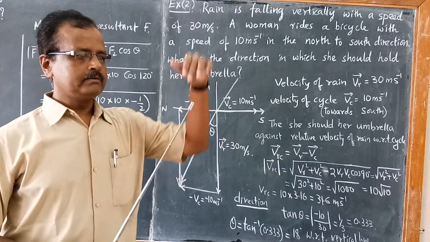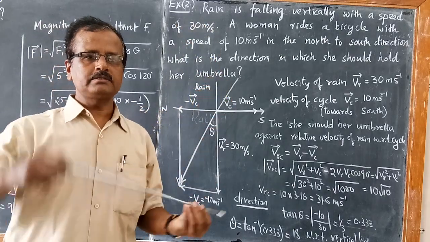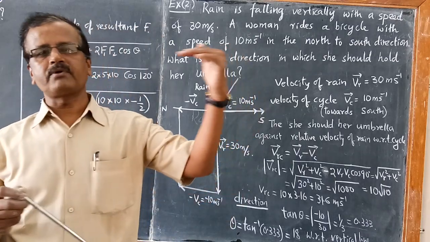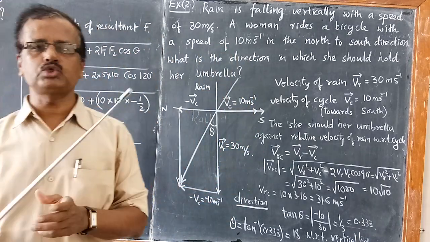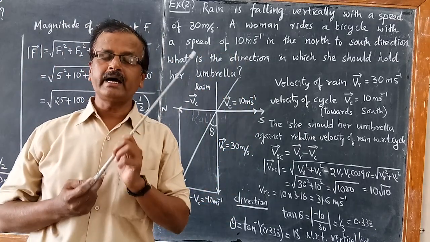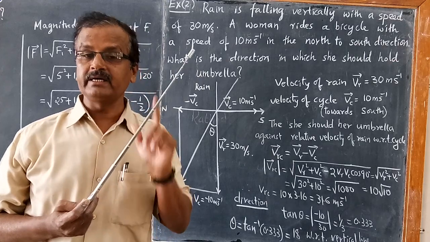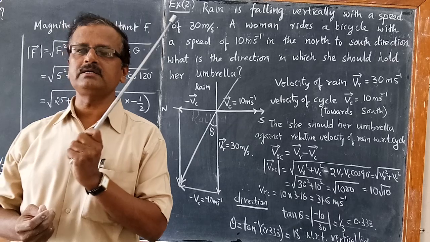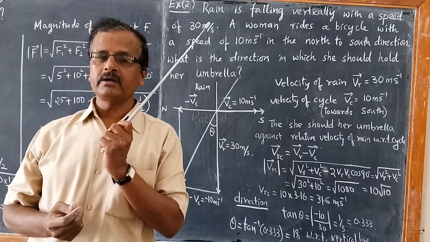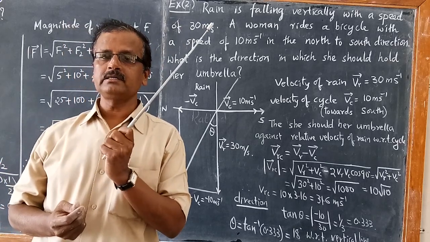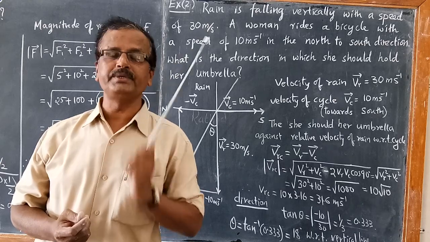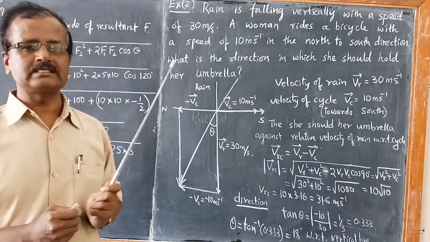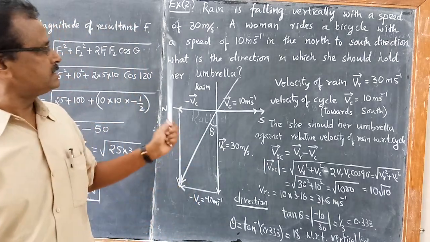Means when rain is falling vertically downwards and wind is blowing from east to west, then he has to hold his umbrella in the direction of the resultant vector of the rain and wind speed. So that's how we got the result yesterday. Now let us see a similar problem.